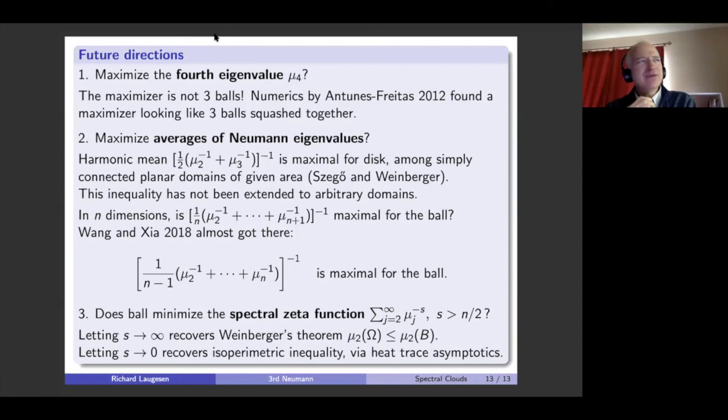I think what happened is probably my late advisor, Al Bernstein, would have known the Luttinger results about the spectral zeta function and the heat trace being maximal in the Dirichlet case for the ball, and would have asked the same question about Neumann, and probably gave that as a question to Carlo Morpurgo, who would have started working on that aspect and then realized that it seemed very difficult, but on the sphere you could at least get some local results.